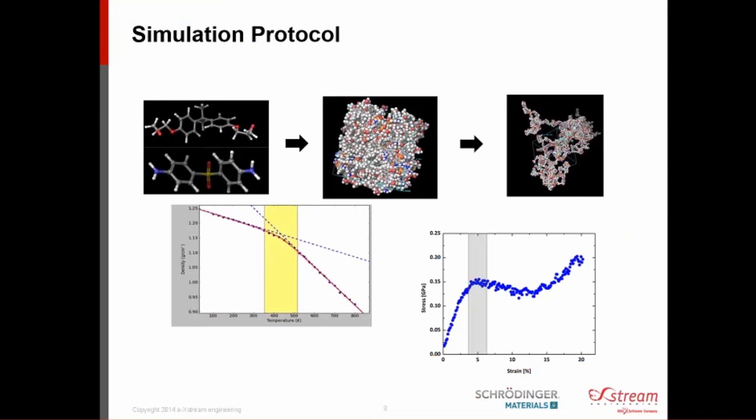We can also take our representative polymer and we can strain it. This is very similar to what you would do in an experiment, except we're doing it on the nanometer level. So you are pulling or pushing on the polymer in different directions and seeing what the response of that polymer is, or a thermoset in this case. And we can do that in a rate kind of manner, so we are straining successively, and you get a curve like the one shown on this slide.